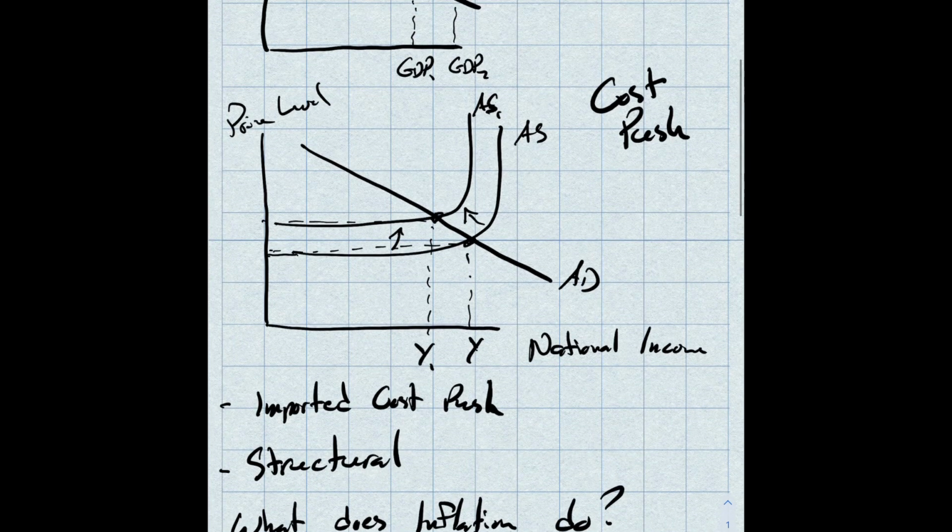We could also have this same thing called an imported cost push. That just means that prices are driven by imports instead of by domestic products. And structural, okay, again, that could be a bunch of different things.